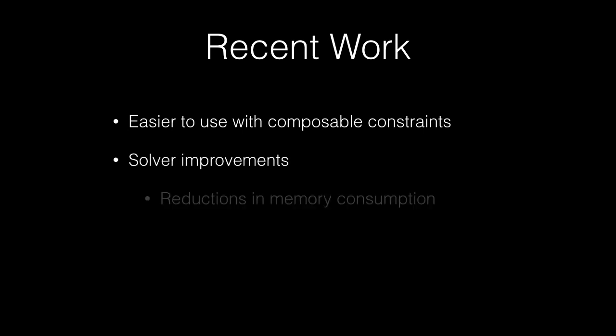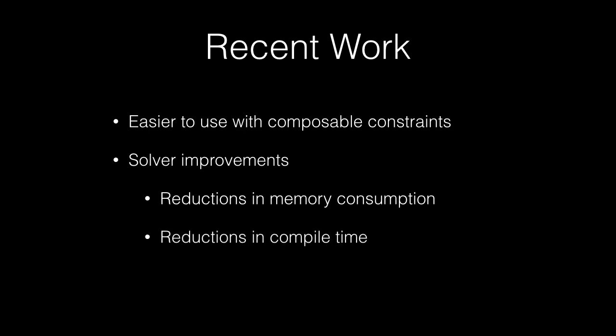There has also been some work on improving many different aspects, like reducing a lot the memory consumption of the allocator, reducing a lot the compilation time, and last but not least, also improving allocation quality. When we speak about compilation time and allocation quality, I will show you some numbers. For those numbers, I've chosen to use the ARM Cortex A57.